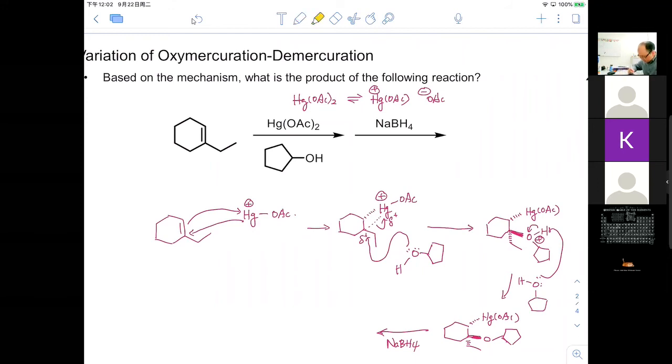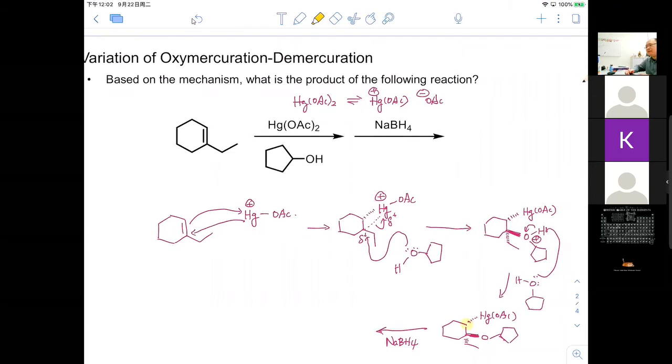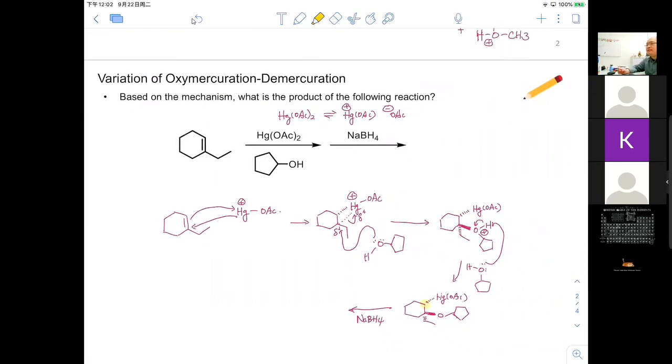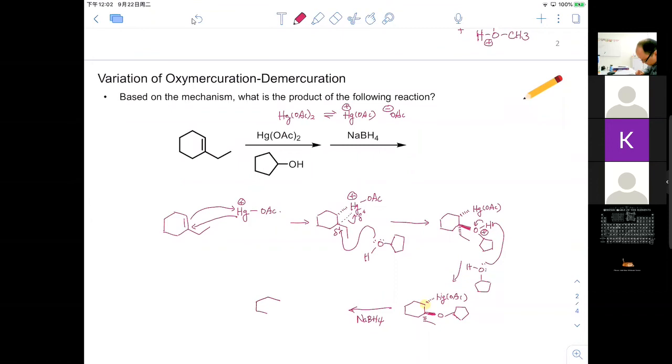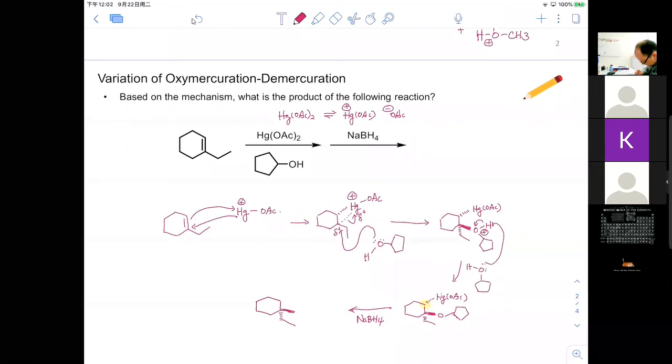So as we say, this is anti, right? But as we said in the third step, what happened? The third step messed up that stereocenter, okay? So as a result, the anti-stereocenter is messed up by the reduction reaction using sodium borohydride.